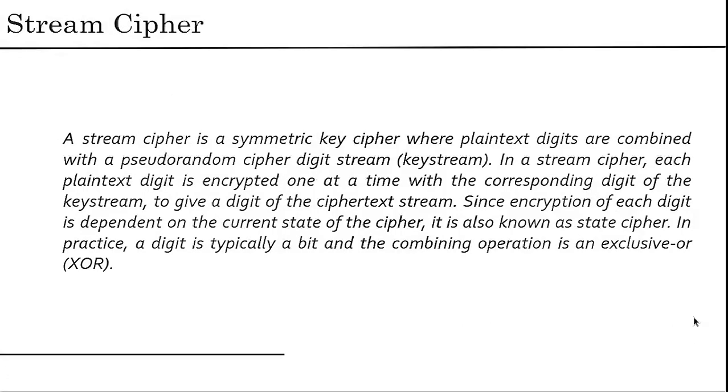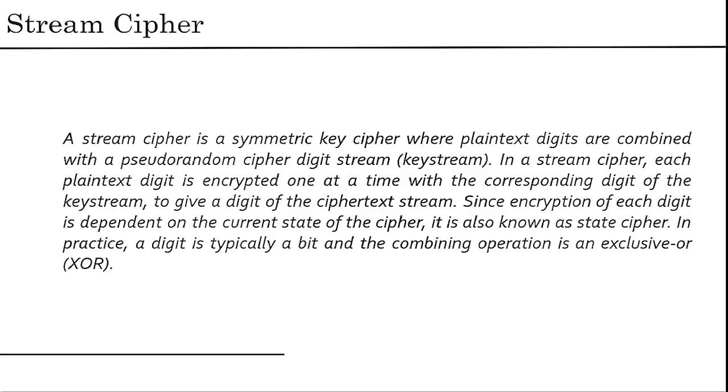A stream cipher is a symmetric key cipher where plain text digits are combined with a pseudo-random cipher digit stream, also called key stream. In a stream cipher, each plain text digit is encrypted one at a time.